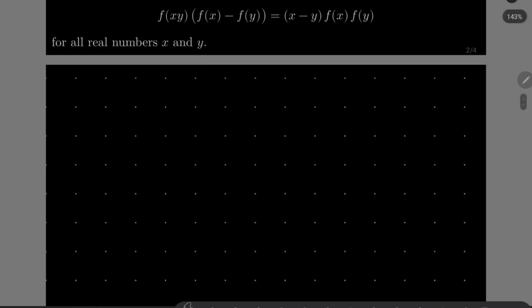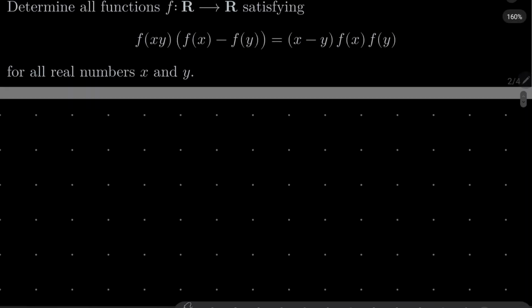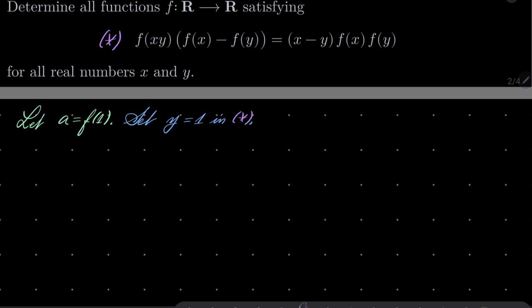Right, so as I suggested, first, for the sake of brevity, let a be equal f of 1. It's some real number. Now, let's set y to be 1 in our functional equation, which I will mark asterisk. Then we have the following.